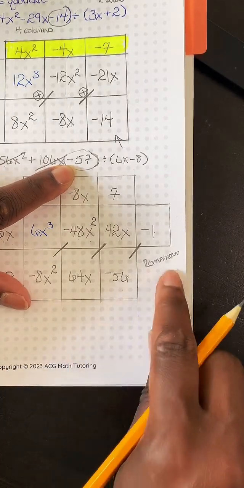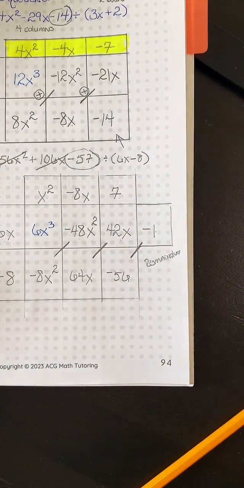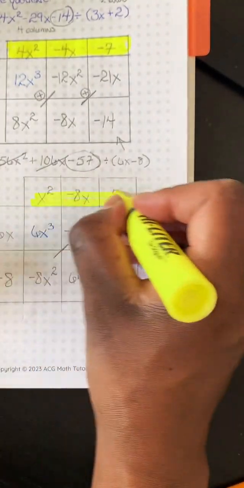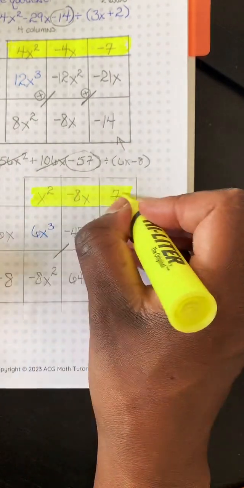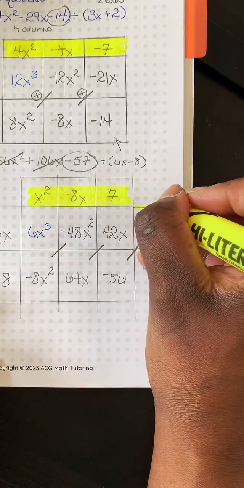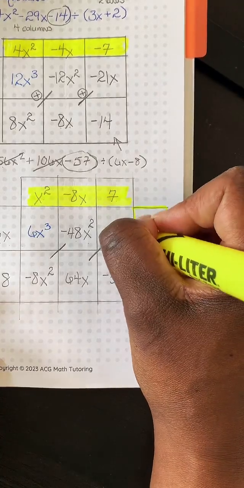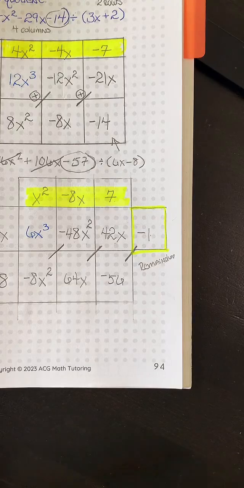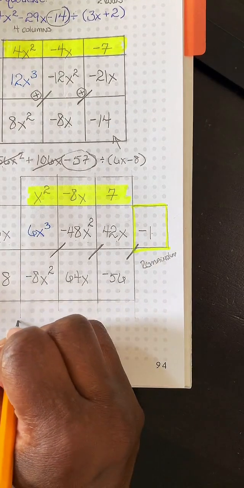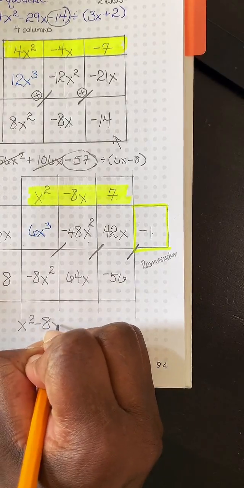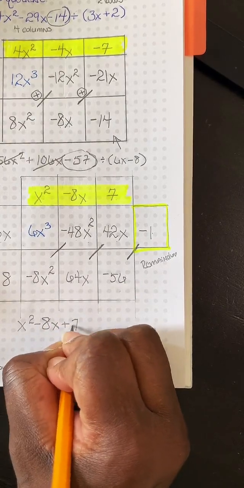That's it. So my answer, yes, this is my quotient up here, just like how I have on the other one. But that means I have this remainder that I need to attach as well. So overall, my quotient is going to be x squared minus 8x plus 7.